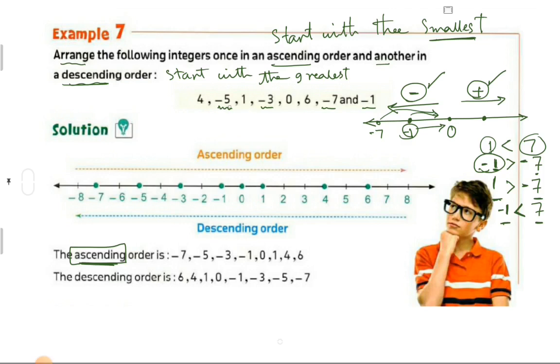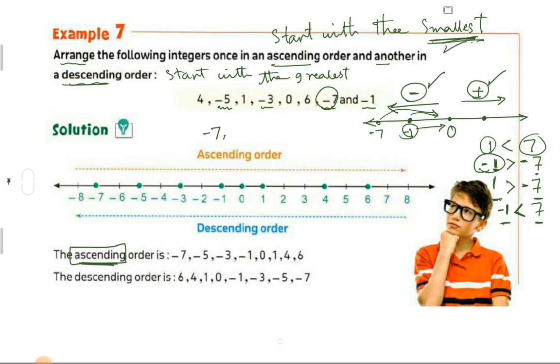So now let's go back to our example. We have negative 5, negative 3, negative 7, negative 1. What's the smallest one? The smallest one here will be the biggest digit with the negative sign, which is 7. Negative 7 is the smallest one.